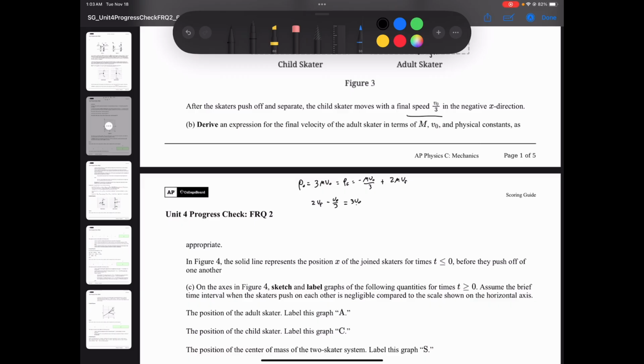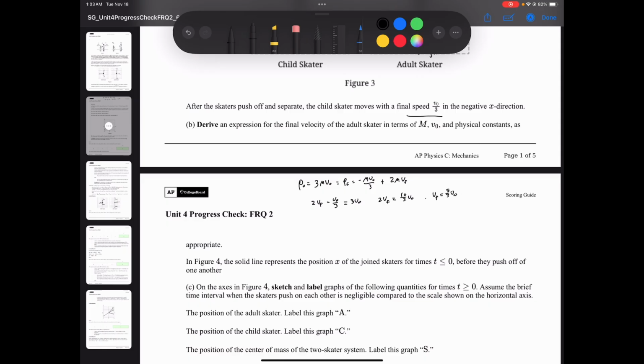So I'm going to move these v naughts to the other side, and I get 2 vf equals, let's see, this is like 9 over 3 v naught. So I'm going to have common denominators. I move that over, it's going to be 10 over 3 v naught. And I'm going to divide everything by 2. So vf is equal to 10 over 6, which is 5 over 3 v naught.